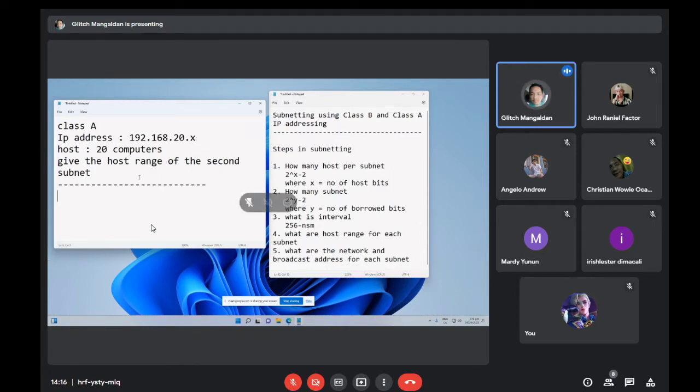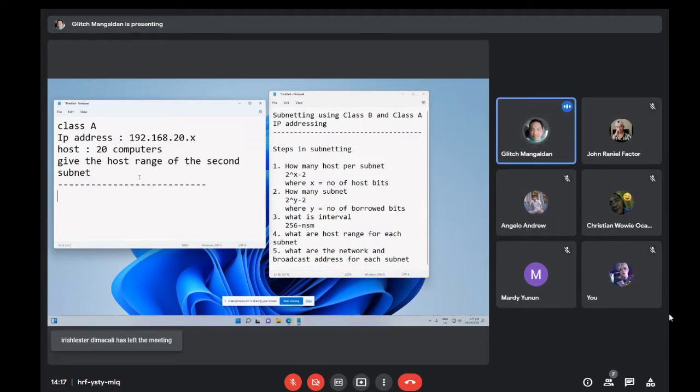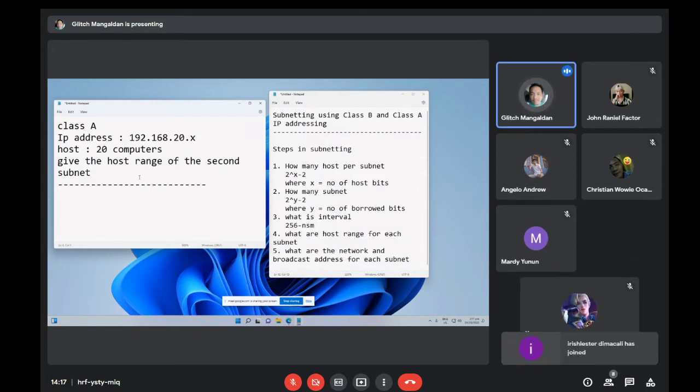Remember, ang subnetting, ginagamit natin yan to lessen the broadcast effect of the network. Instead of using the regular IP address settings, iniiba natin yung settings para mabawasan yung broadcast effect.